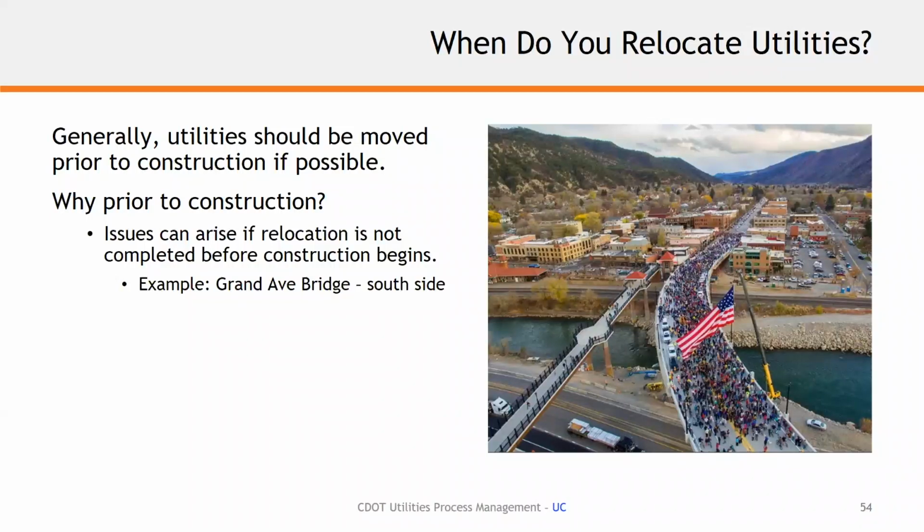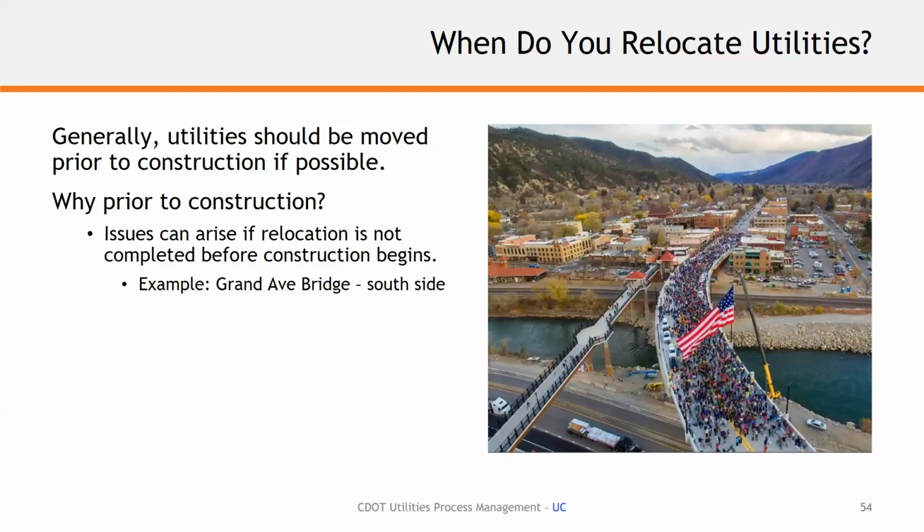And there's many reasons behind that, and a lot of it's due to impact to businesses and traffic and the traveling public, to where we don't go in and tear up the road twice. We just take the opportunity while the contractor's in there to finish the relocation. And then there's cases where it's purely 100% relocation effort during construction.